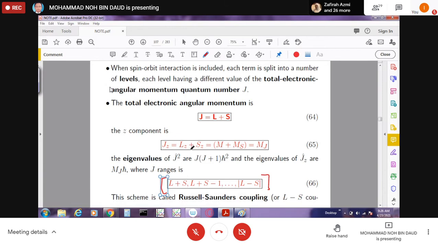When these two angular momenta couple, the J quantum number is a good quantum number, and the operator for J squared and the component J Z also commute with the Hamiltonian operator.